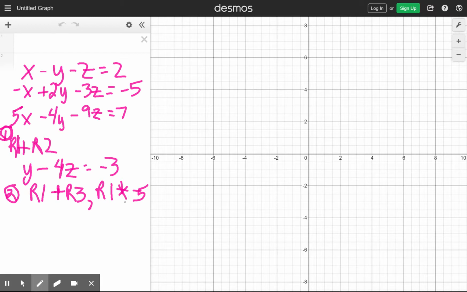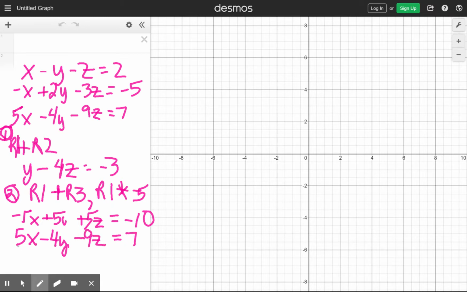So taking negative 5 times row 1 gives us negative 5x plus 5y plus 5z equals negative 10. And copying row 3, we have 5x minus 4y minus 9z equals 7.